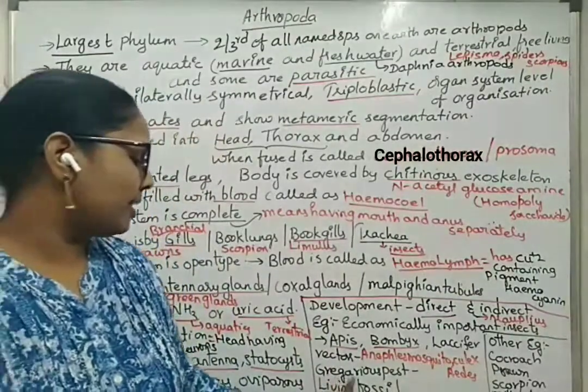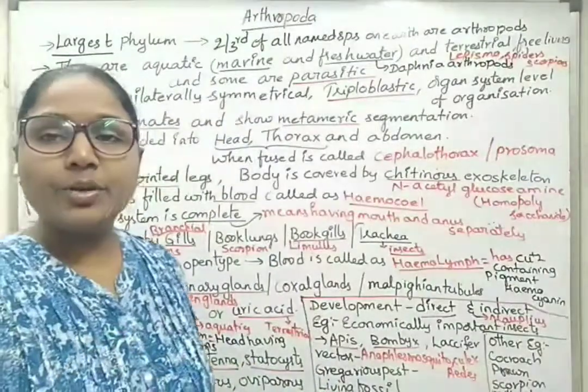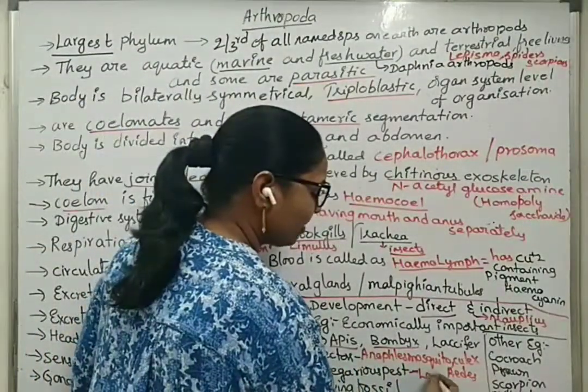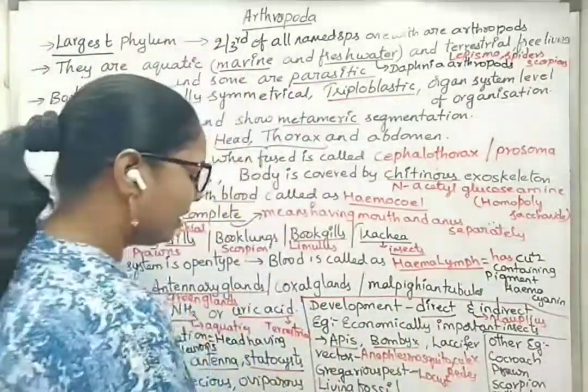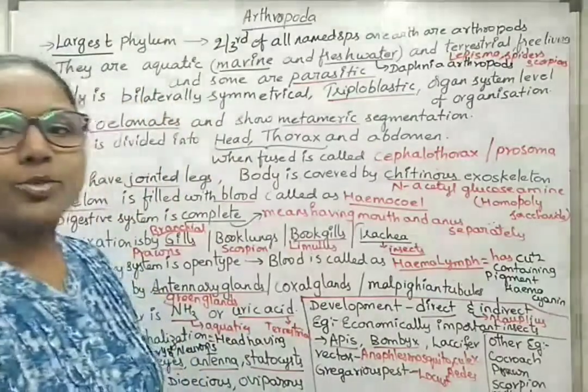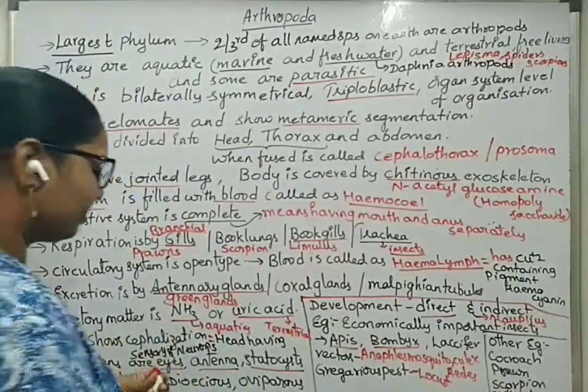Next, there are some gregarious pests. Gregarious means insects that live and move in huge colonies. An example here is the locust. Next, there is another living fossil in Arthropoda, which is termed Limulus or horseshoe crab or king crab.